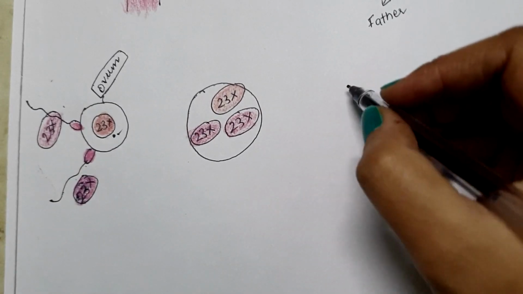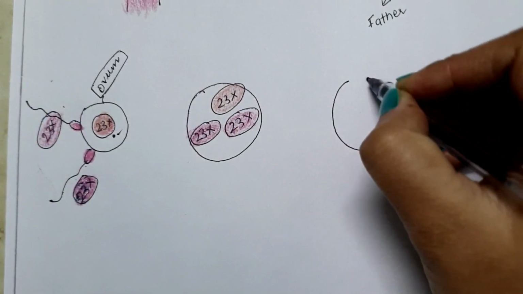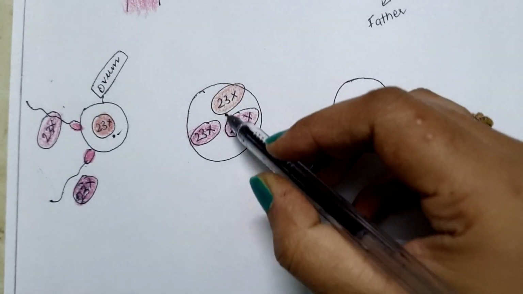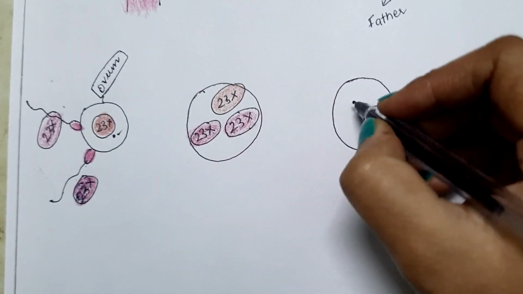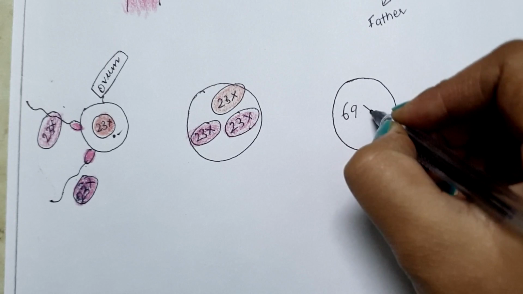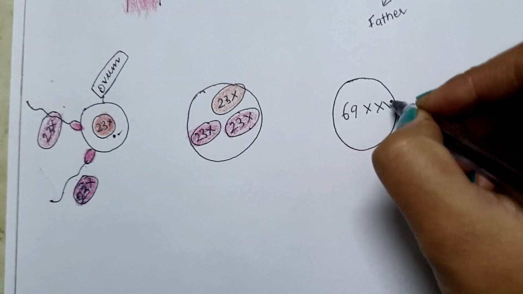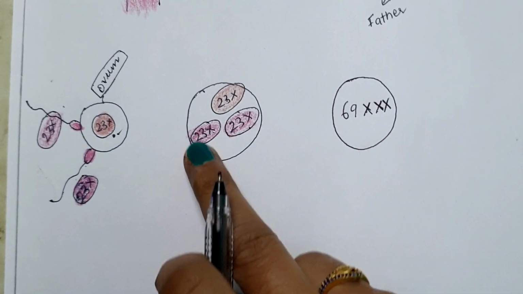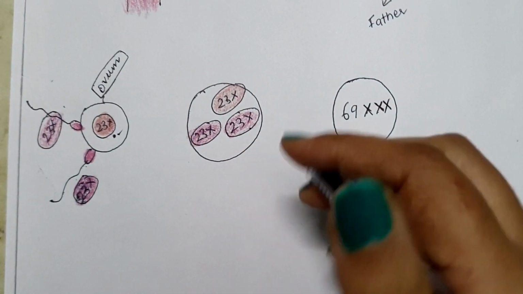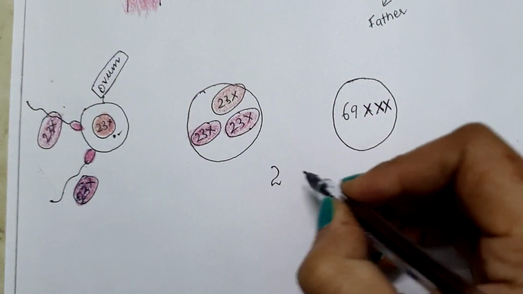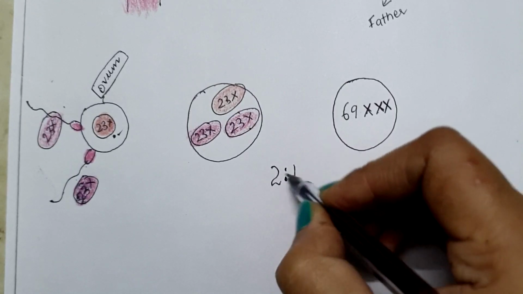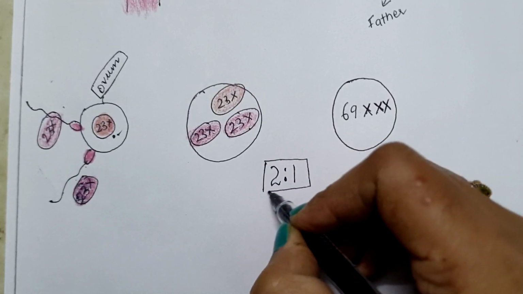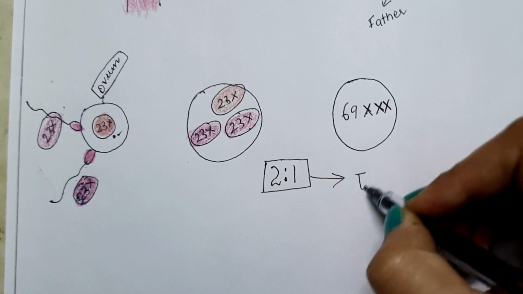And in this type, the embryo consists of three sets of chromosomes, that is two sets from the paternal side and one set from the maternal side, which is known as triploid.